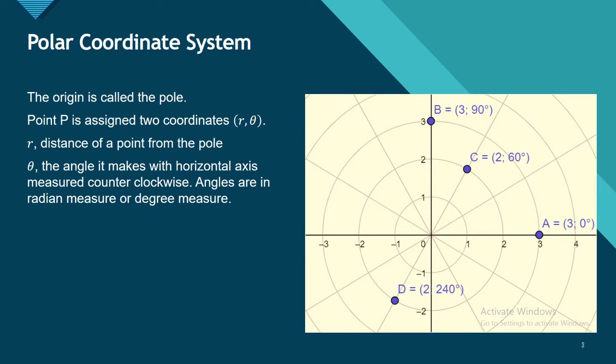Point C is 2 units from the pole. It makes an angle of 60 degrees. Point D is 2 units from the pole, and it makes an angle of 240 degrees. Okay, so starting from the positive side of your horizontal axis, point D makes an angle of 240 degrees.